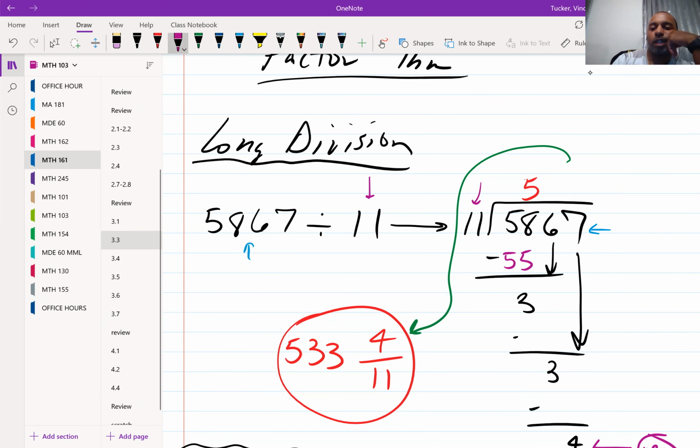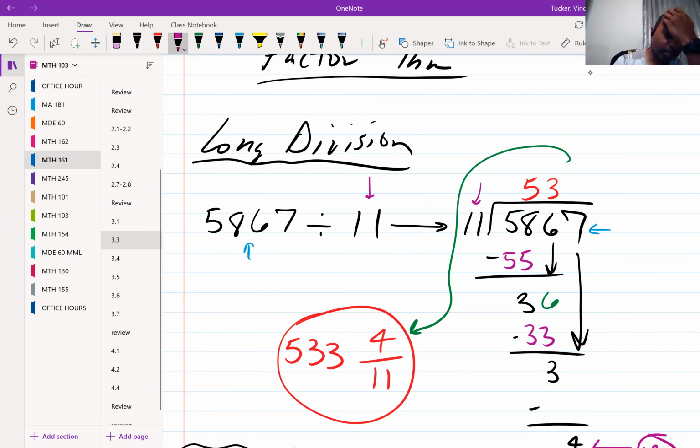So now we would subtract 55 from the 58. That gives us 3. Bring down the next digit, the 6. Now we evaluate 11 into 36. 11 goes into 36 3 times, and that gives us 33.